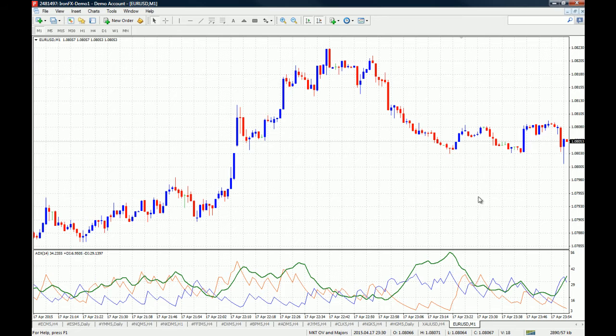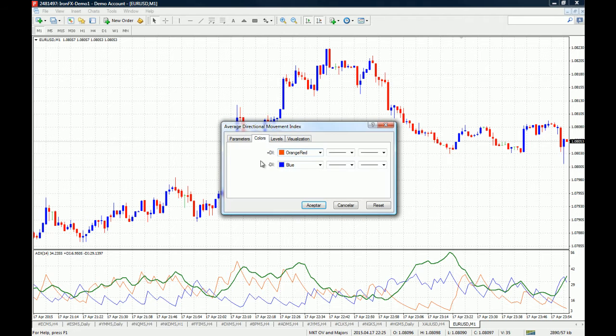Now the other two indicators, if you will, within the ADX are the plus DI and minus DI. The plus DI is the red line, you can see it here, and the minus DI is the blue line.